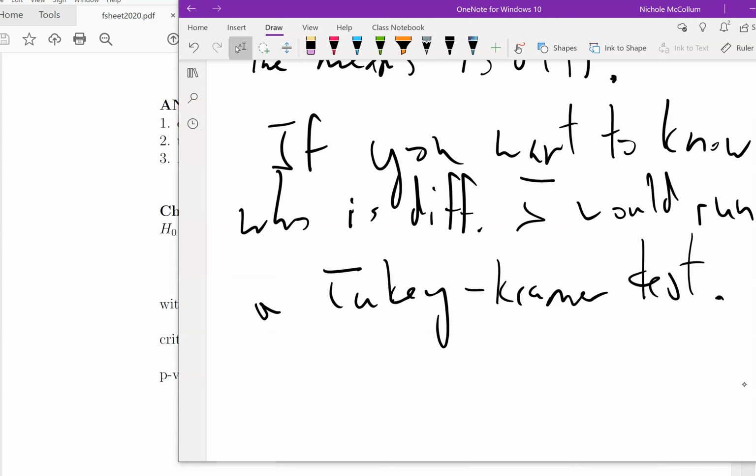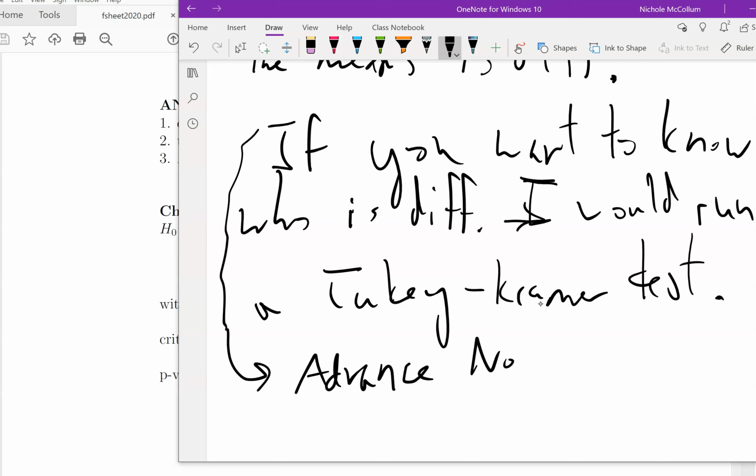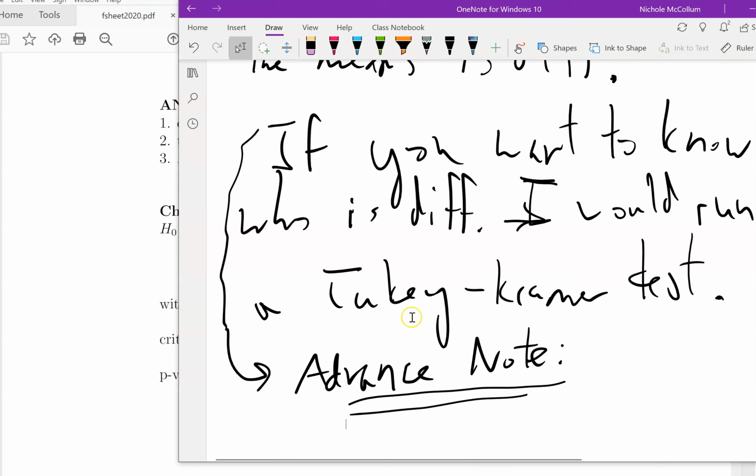So not only could I determine that one of the means was different, I could easily find out exactly which mean was different, if not more means were different. This is more for advanced. I'm just saying this as a suggestion, as an advanced note. This is not part of our basic level class, but if you're looking for an advanced note, I would look at the Tukey-Kramer test to identify which mean was different.